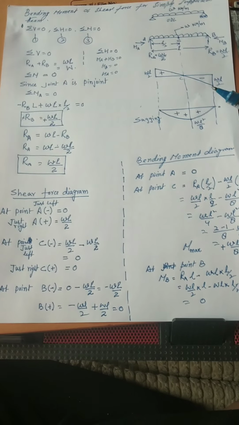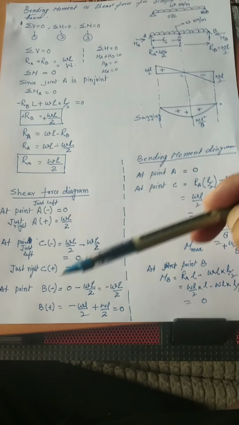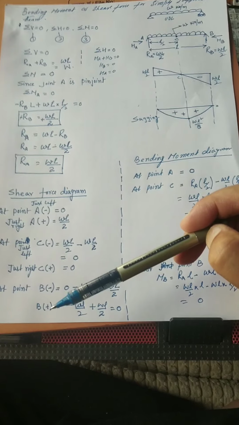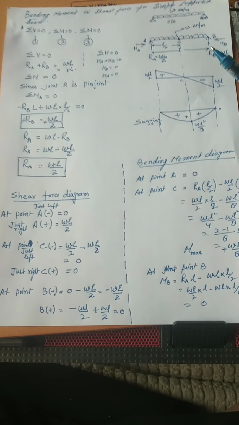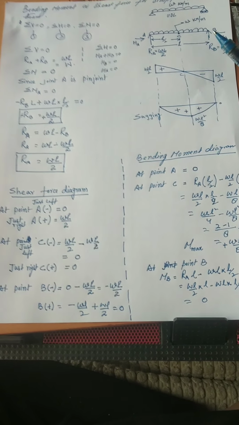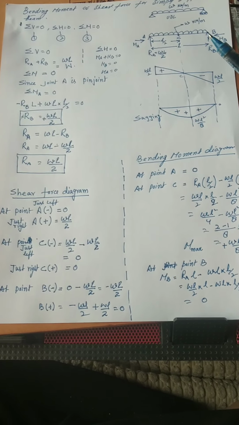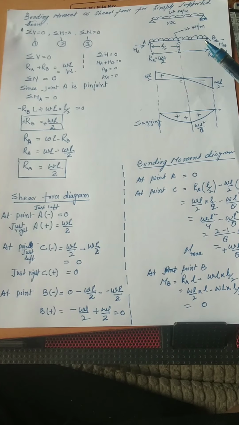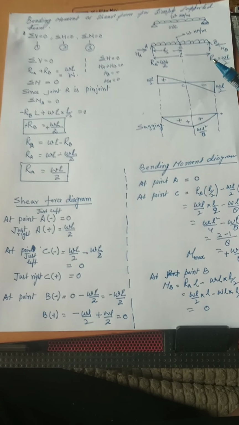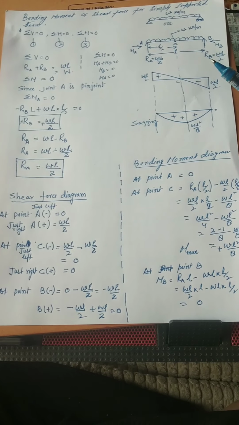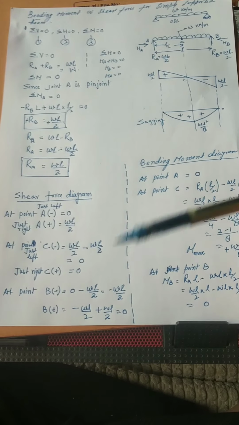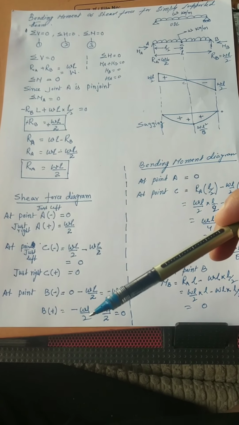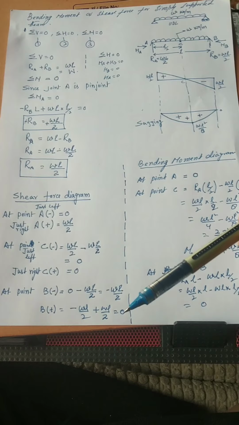At point B just right, I will see what the shear force will be after B, on the right hand side of B. At the left it is minus WL by 2. There will be the positive shear force of WL by 2. So after solving these two equations, my value will become 0.